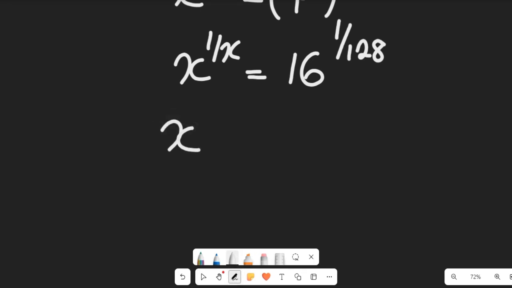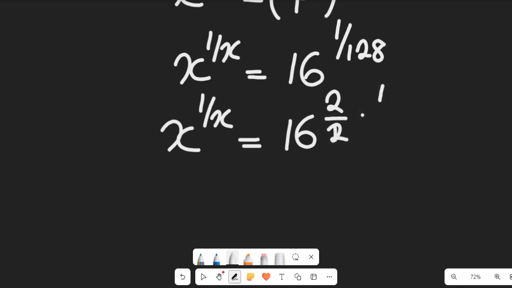Now in the next step, I'm still going to do the same thing. I'll have x to the power of 1 divided by x equal to 16 multiplying 2 divided by 2 multiplying 1 divided by 128. That will give me 1 multiplying the power of 1 divided by 128.